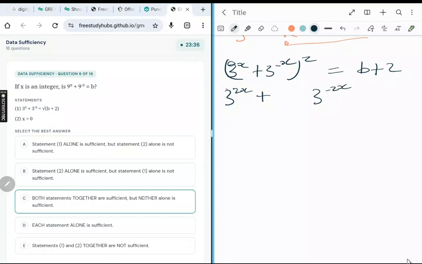The middle term will be 2 times 3 raised to the power s times 3 raised to the power minus s. This place is plus 3 raised to the power minus 2s, which is what we get from 3 raised to the power minus s squared. And this is still b plus 2.